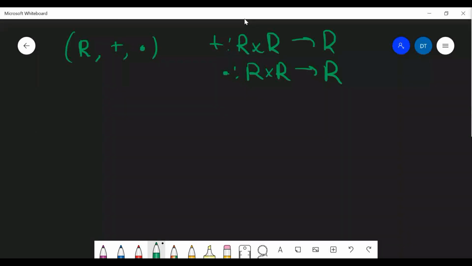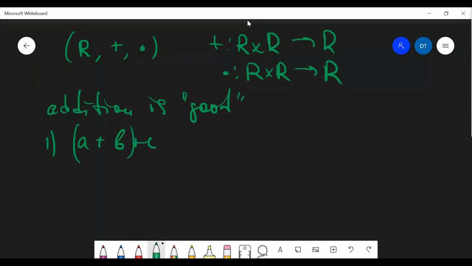What are the axioms? The first block of axioms says that the addition is good. Well, I told you that R plus must be an abelian group, but what does it mean explicitly? Explicitly, it means that the addition is associative. Then there must be a neutral element, which is denoted by 0 with respect to addition.